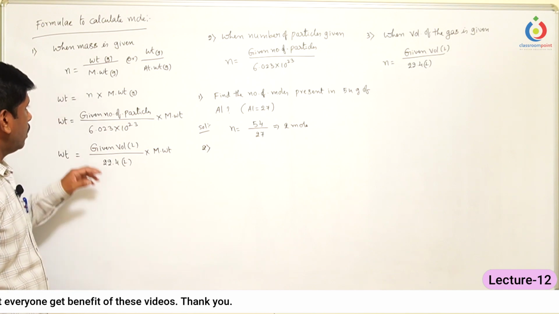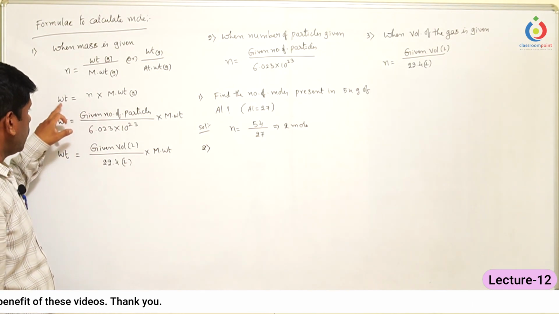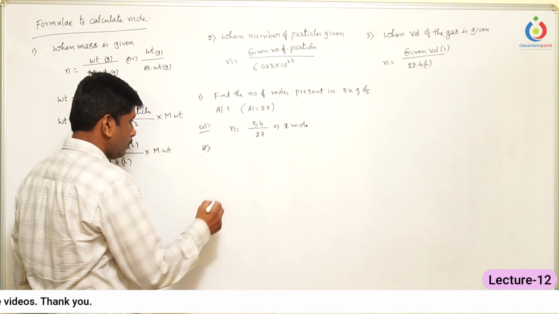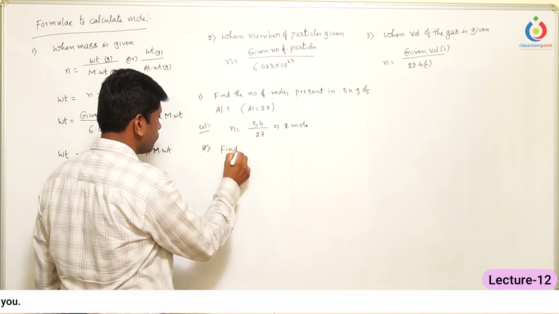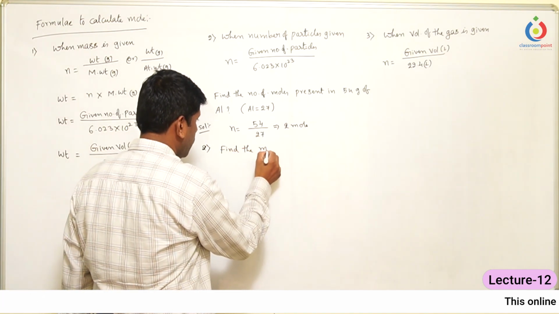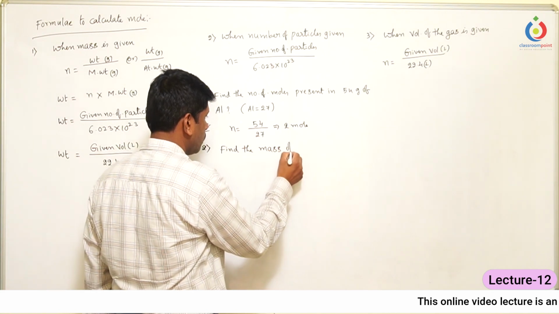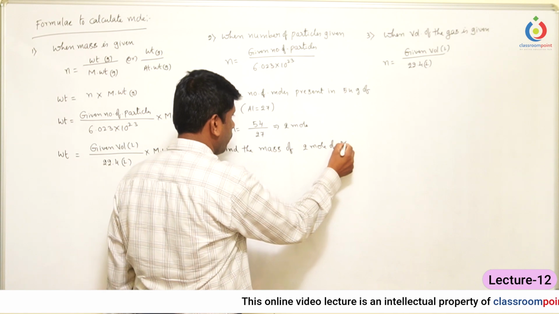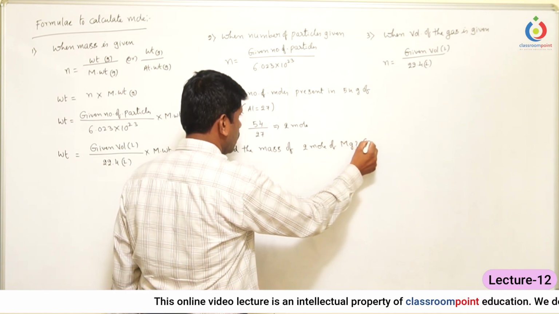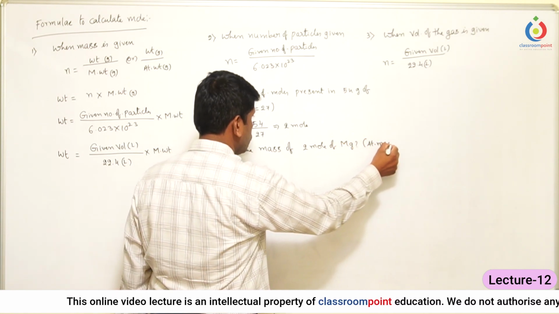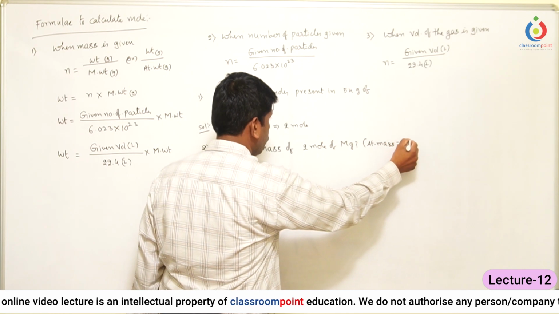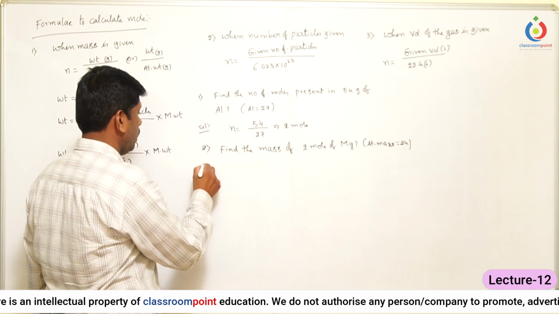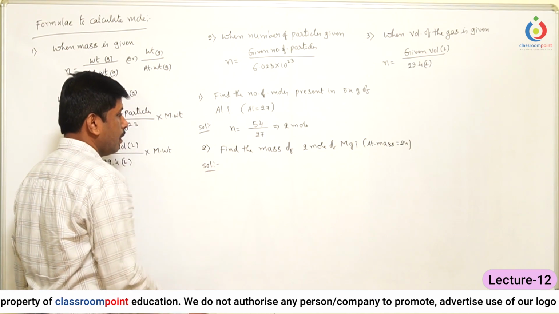Now let us see, if moles are given, how to calculate the mass? Find the mass of 2 moles of magnesium. Atomic mass of magnesium is 24.